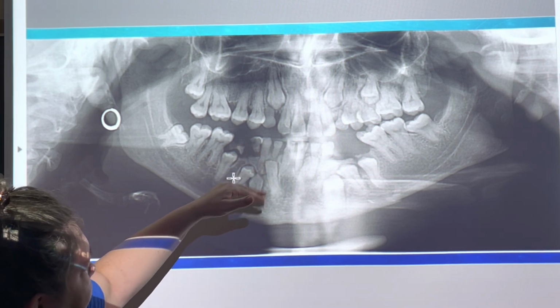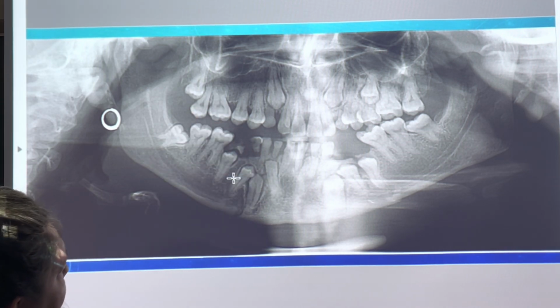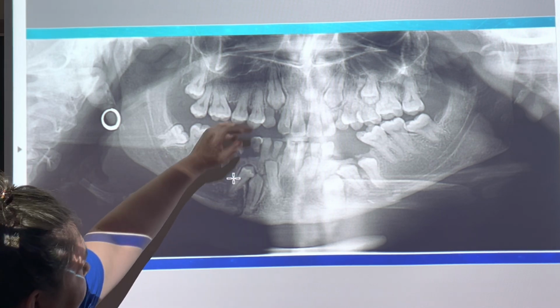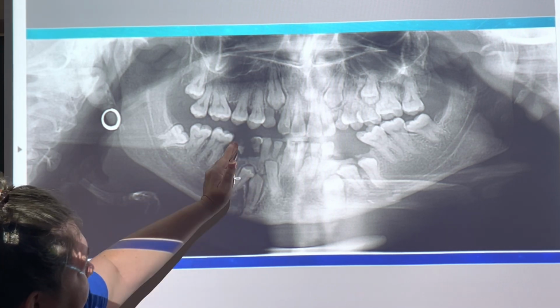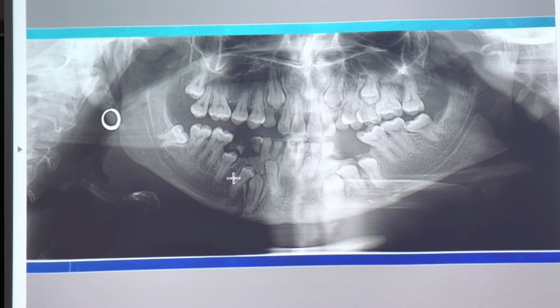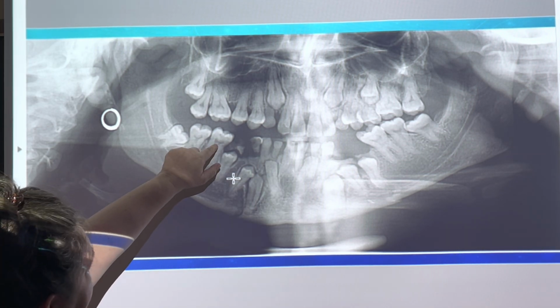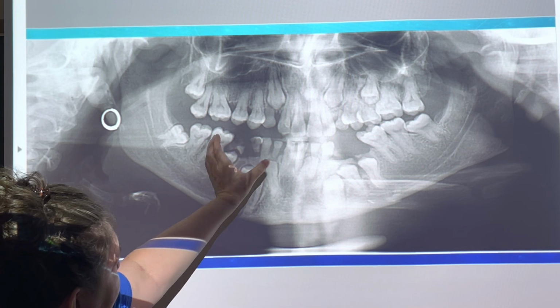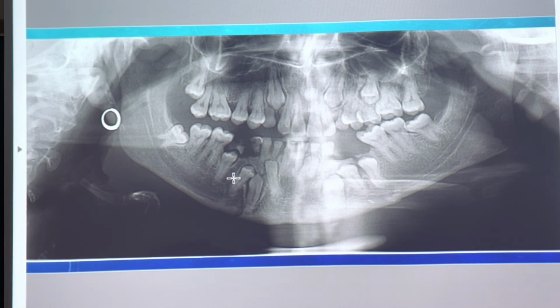So these teeth, if they're extracted, the baby teeth are extracted, then these other teeth can come in. So doing a phase 1 treatment, putting braces on these permanent teeth, and then making room for them to come in will save a lot of time later on and potentially keep the patient from having permanent teeth extracted to make room.